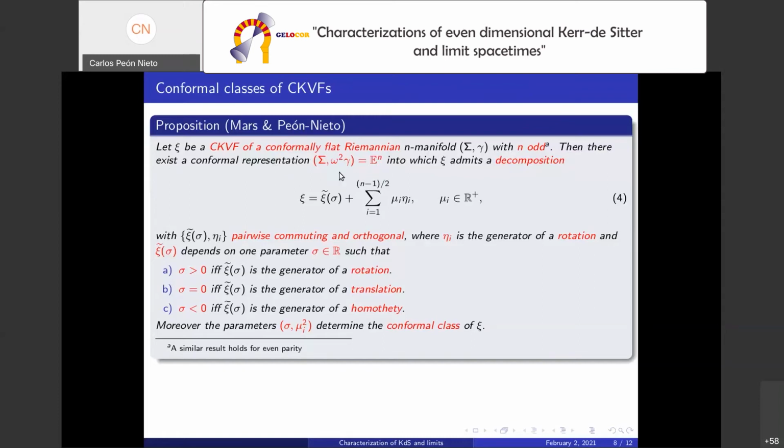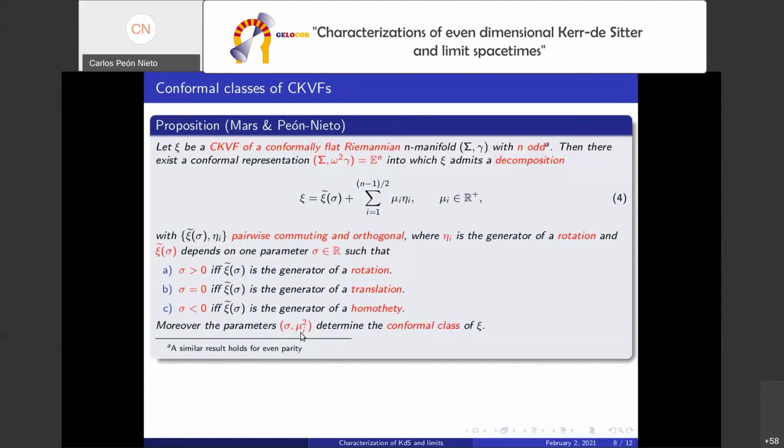So it's a locally conformally flat representation in which psi admits a decomposition of this form, where these mu i are real positive parameters, and these eta i are vector fields which are pairwise commuting and orthogonal, and each of the eta i are generators of rotations, and tilde psi depends on one real parameter, sigma, in such a way that when sigma is positive, then tilde psi is the generator of a rotation. If it's 0, it's the generator of a translation, and if it's negative, it's the generator of a homothety.